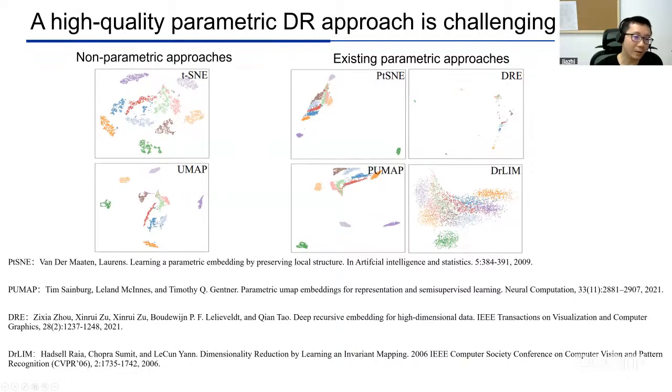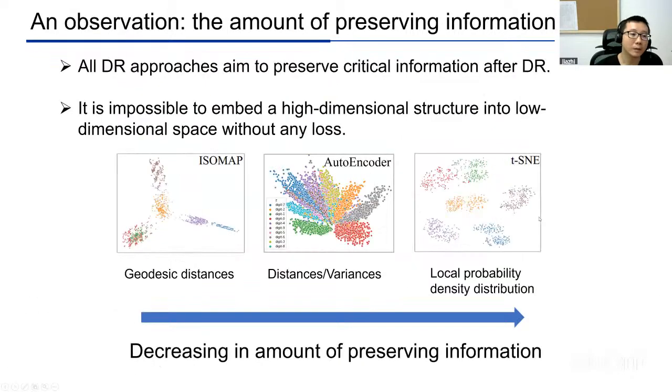So we wonder, can we train or learn a parametric version of a high-quality embedding? So we look at the existing embedding approaches and have an observation. When we look at this, we would like to ask a question: what is the key for a successful dimensionality reduction approach?